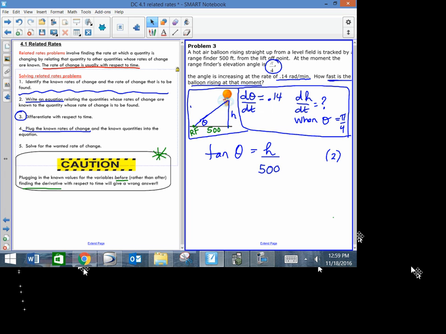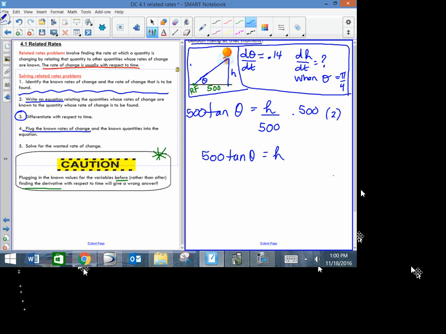So, you're going to solve this. You're ready to differentiate. You want to do anything with that 500 before we differentiate? Is it easier? Yeah, let's do it. All right, so 500 tangent theta equals H. Now we're ready to differentiate.